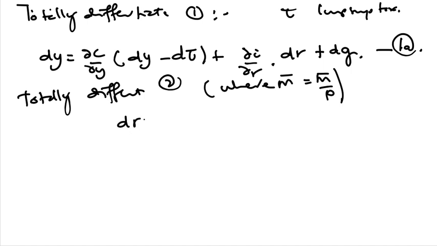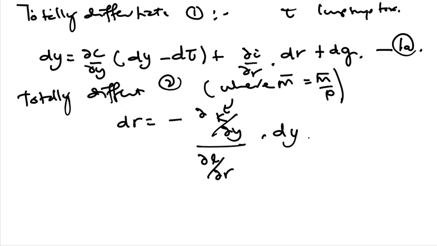Then you get something like dr equals to minus delta kappa over delta Y, or delta k over delta Y. This is a Greek letter actually, kappa, but I call it k for your purpose of understanding here. And then delta L over delta r times dY.